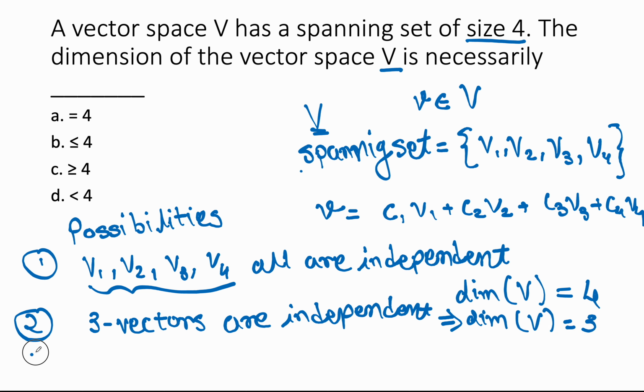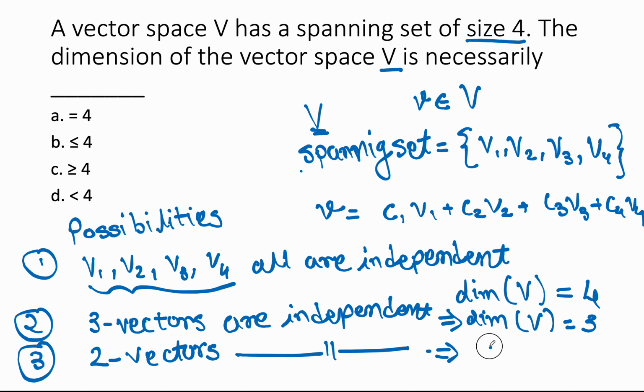Then third, instead of 3 there are two vectors independent, and that will give the dimension of V equal to 2, and similarly we can write for 1. Okay, so we can see that the vector space dimension can be 4, 3, 2, 1. So it is less than or equal to 4. So this is the correct answer.